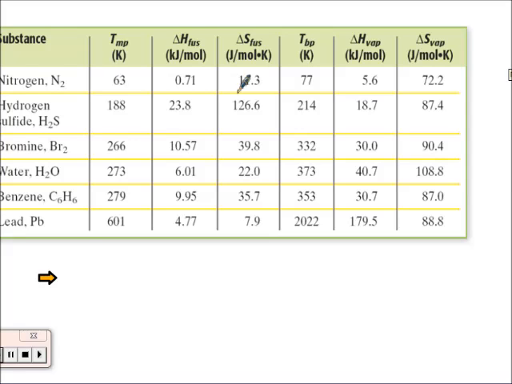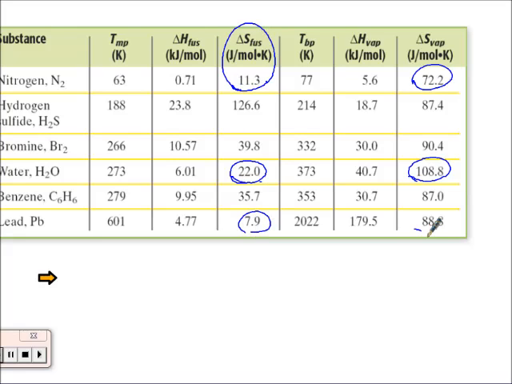For nitrogen, delta S of fusion, going from a solid to a liquid form, is 11, while its vaporization is 72. This is joules per mole Kelvin. Water goes from 22 from a solid to a liquid, up to 108 when it vaporizes. So we're seeing significant differences, 5 times, 10 times greater differences.